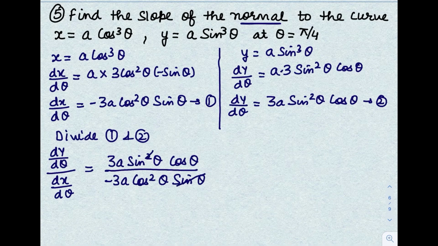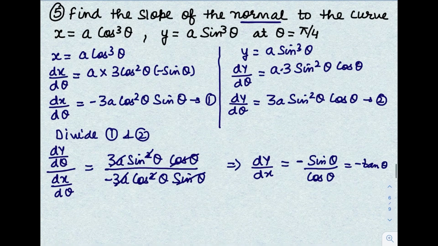This sin theta cancels with that sin theta, cos theta cancels with cos theta, 3a cancels with 3a. So you are left with dy by dx equal to minus sin theta upon cos theta, that is equal to minus of tangent theta.